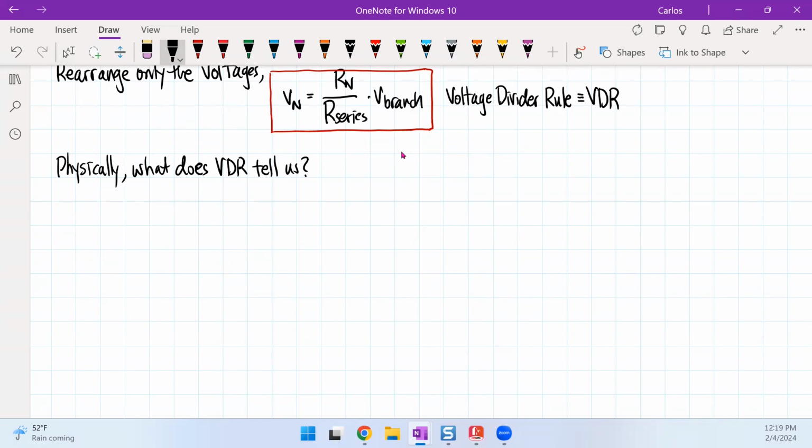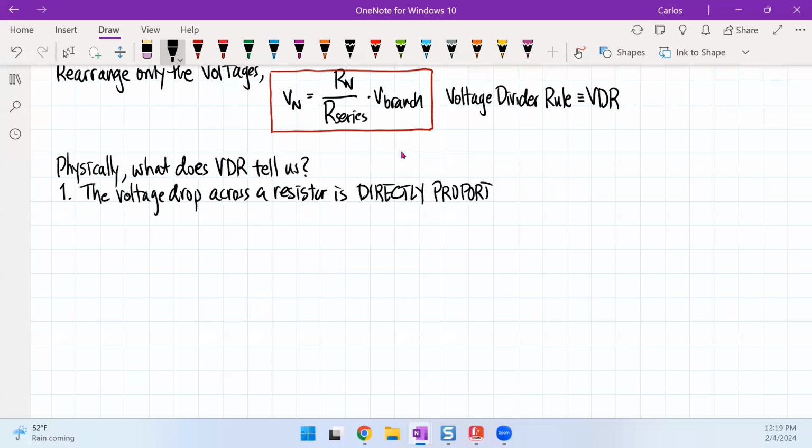The first thing, and probably the most useful, is that the voltage drop across a resistor is directly proportional to its resistance.